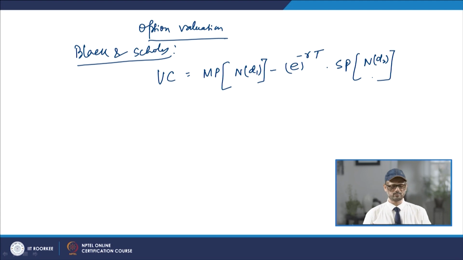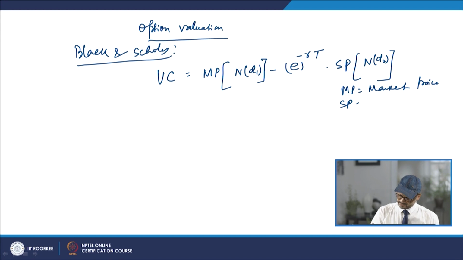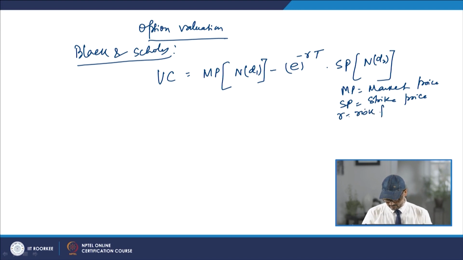Here MP is the market price, SP is the strike price, R is the risk free rate, and T is the length of maturity time.